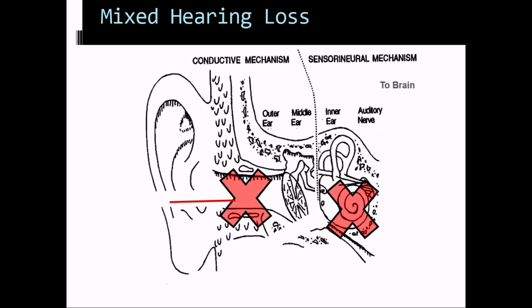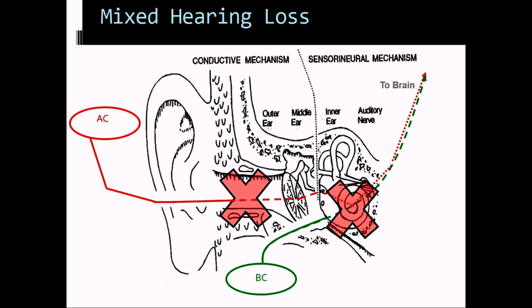So you can see in this case, you've got two pathologies. You've got a sensorineural pathology affecting both bone conduction and air conduction, and then you have an extra pathology causing more energy loss via air conduction.